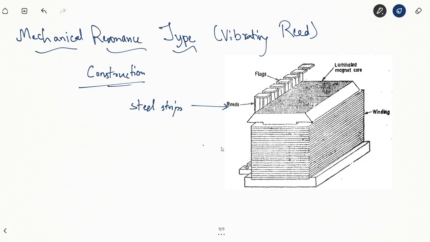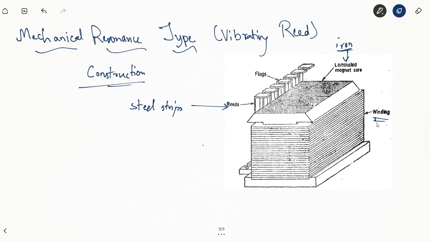There's an iron core, a laminated magnetic iron core, which is carrying the windings also. So you have the reeds, simple steel strips placed alongside this electromagnetic iron core that's also supporting the windings.